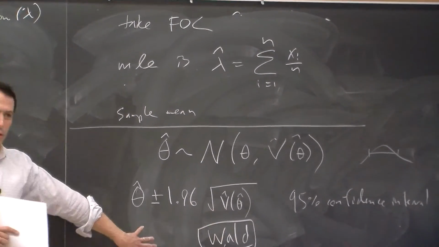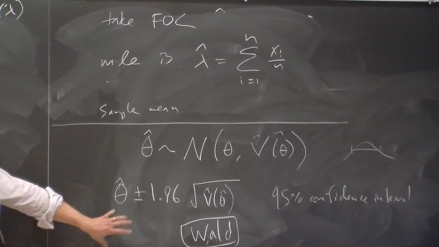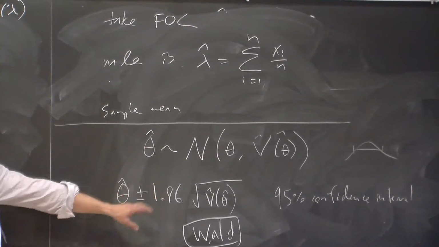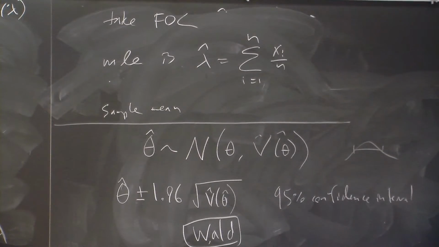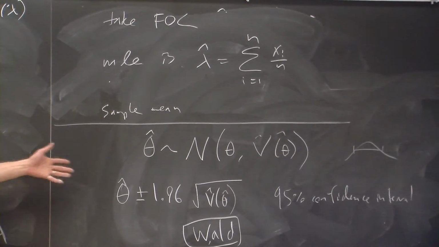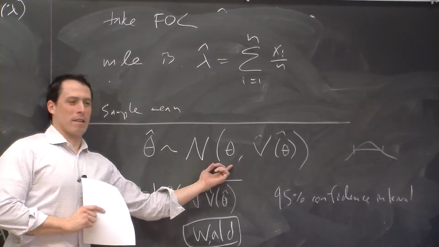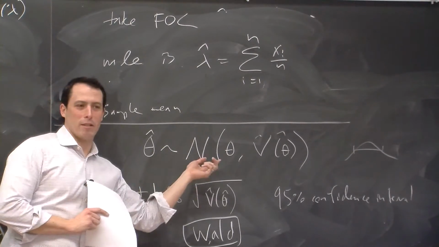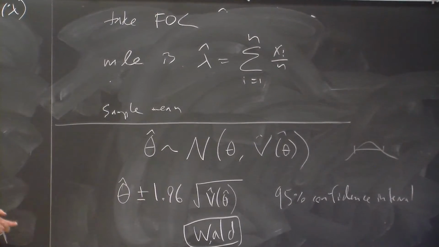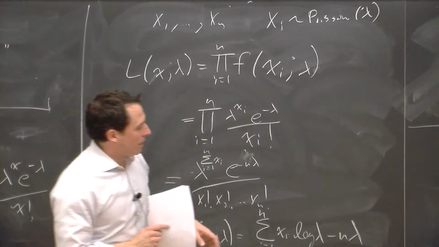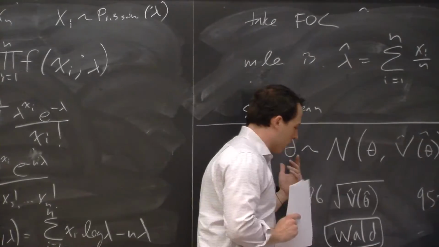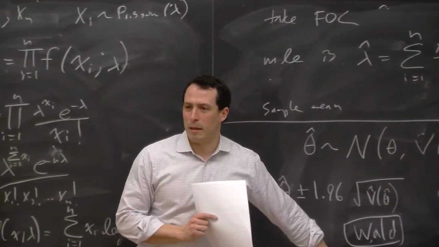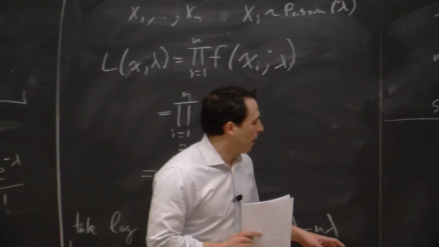We'll learn a couple of different ways of constructing the confidence interval, and it'll turn out this is the worst one. Okay? There's a couple of other ways of doing it that don't suffer, where essentially in the other methods, this approximation is better. The speed with which it reaches an approximately normal random variable is quicker, and this one, while easy to do and easy to think about, is usually not the one you want to use.